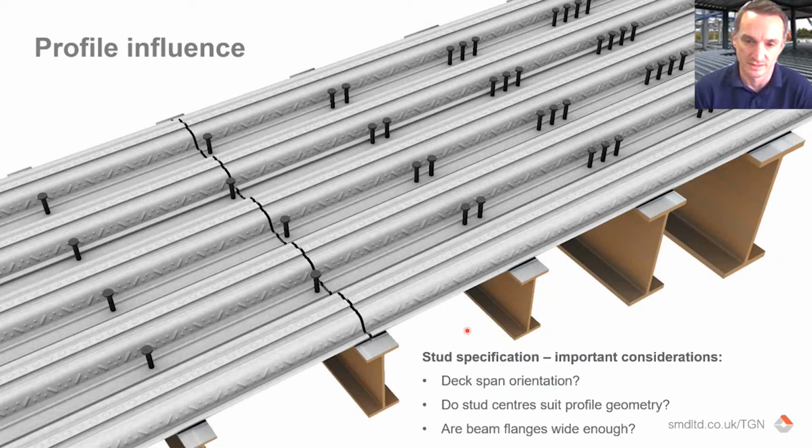What that ultimately means is, the more studs there are in a trough, the wider the beam needed. All the dimensions for these different beam widths are within our TGN guidance in 2D format. But this is just an image to show how the beam size needs to widen as we get more studs.